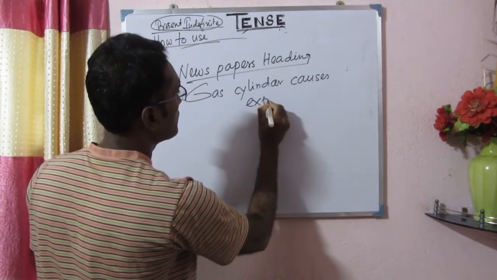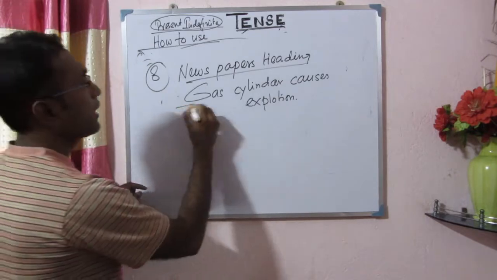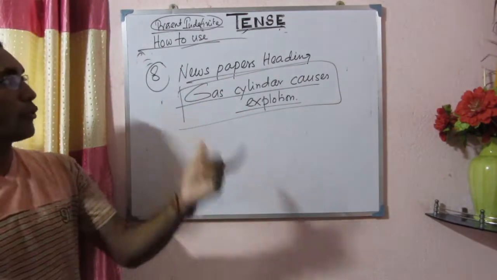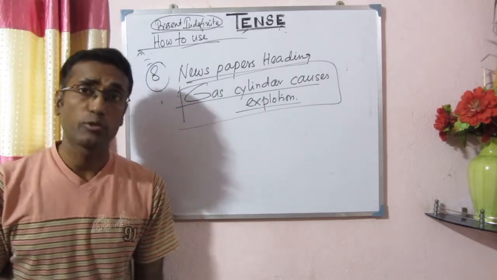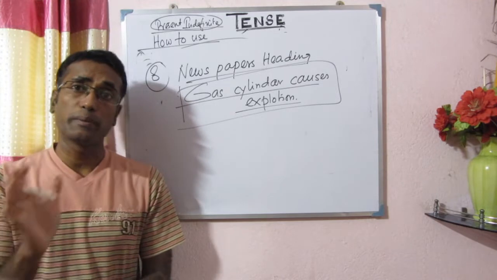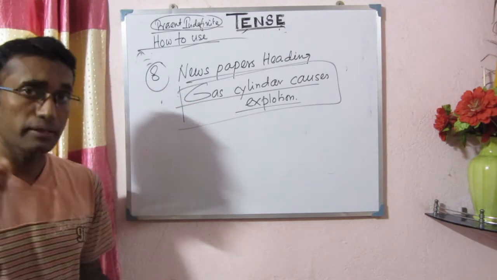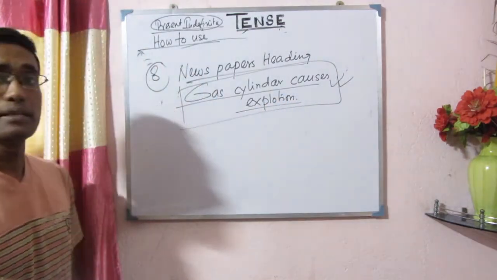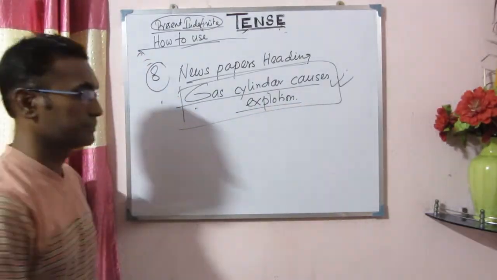So this is a headline of an English newspaper. When you try to write a report, before that you have to put a title. So whenever you read or write a title, you have to use present indefinite tense. So gas cylinder causes explosion.